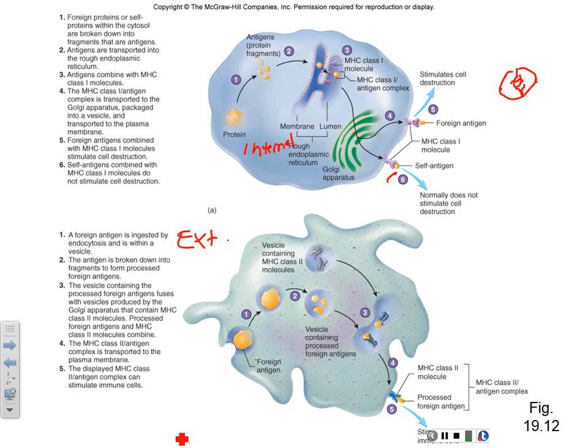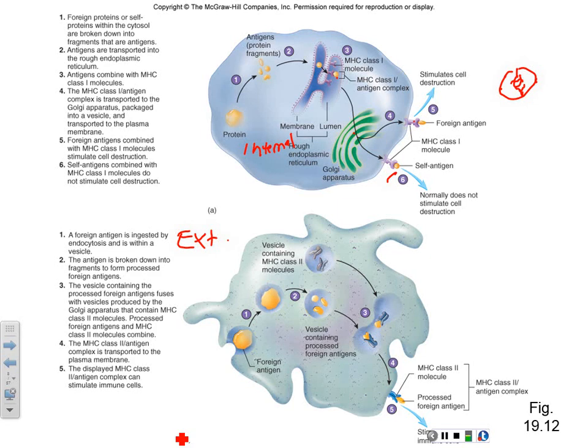So that's an external foreign antigen that is engulfed. When it is engulfed, you see here, endocytosis occurs, and then it's mixed with lysosomes and vesicles and so forth. That will start to break it down, right? So it's going to be broken down here, and then that's being processed, okay?